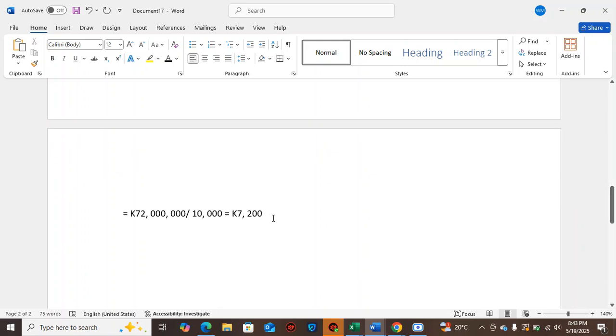So here it's 7,200 kwacha per machine hour.